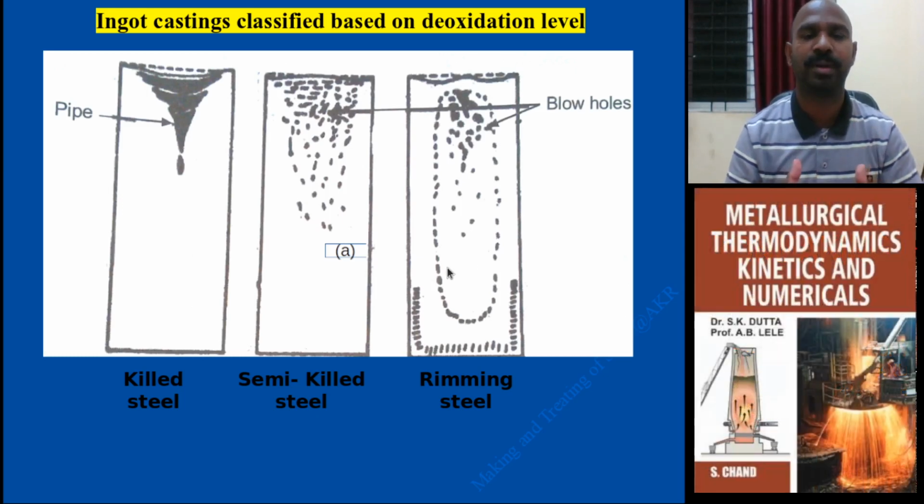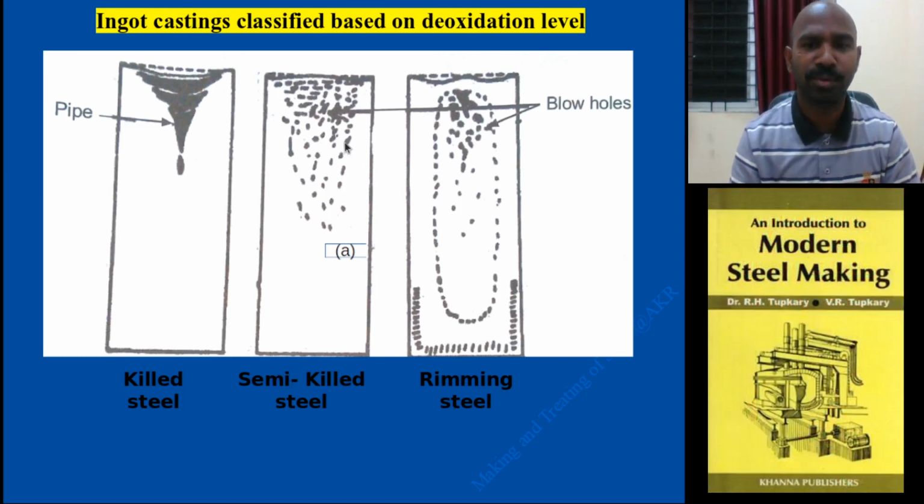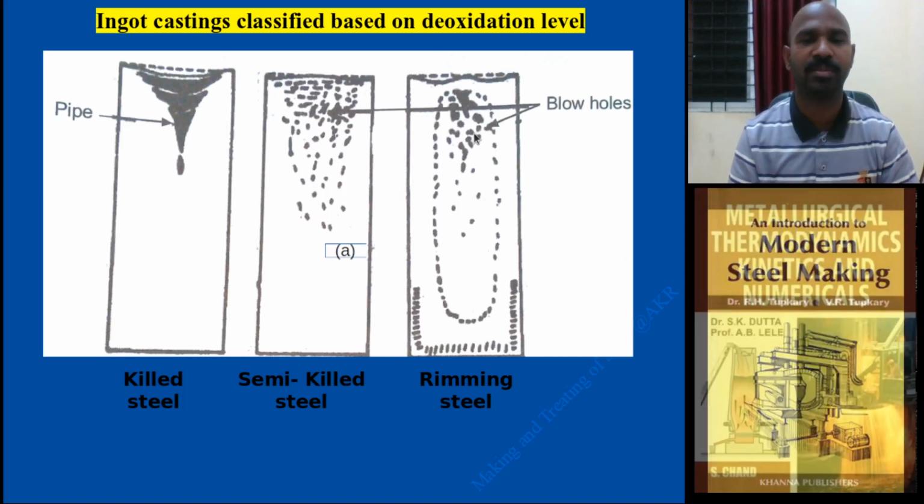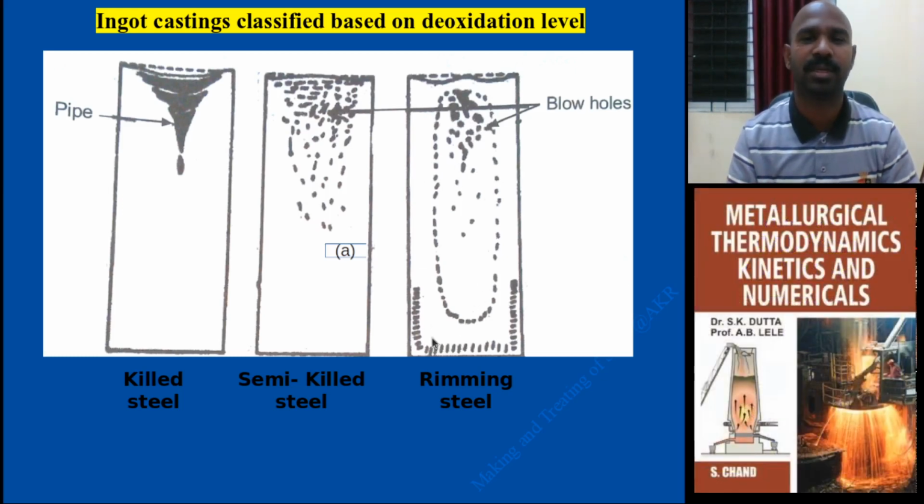Now coming to the defects, here you see the shrinkage happened. In the case of semi-killed and rimming steel, the surface is flat, and the dispersion of dissolved oxygen is more in the case of rimming steel.